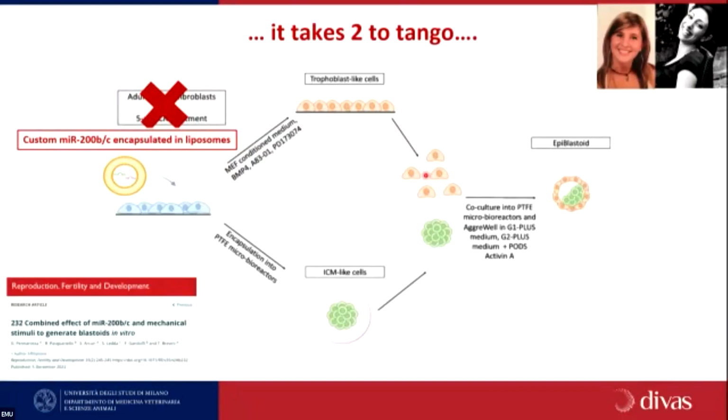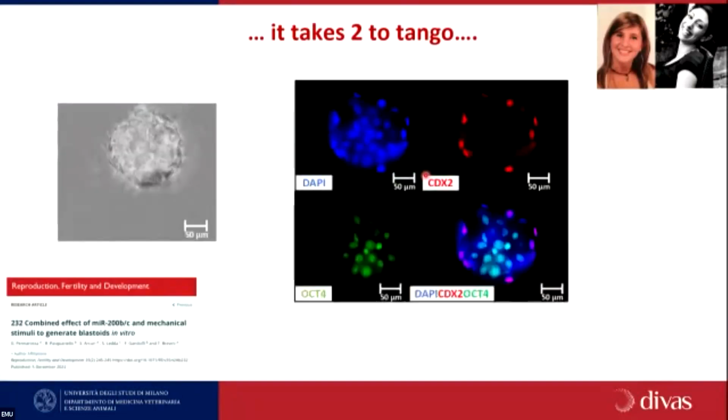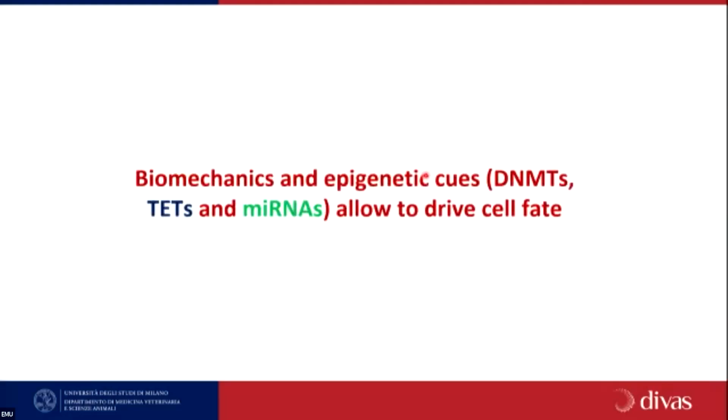And I'm not going into details, but we got exactly the same results, and we got exactly the same kind of organoid. So I think this is a very stimulating kind of information, and I think it's probably worthwhile to further investigate this, and we definitely will.